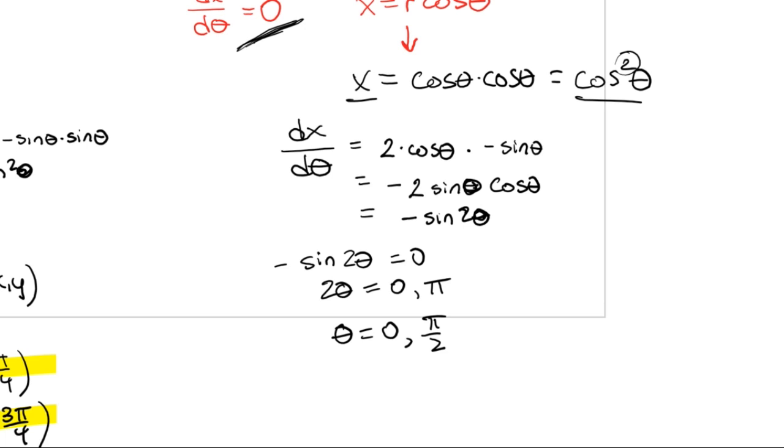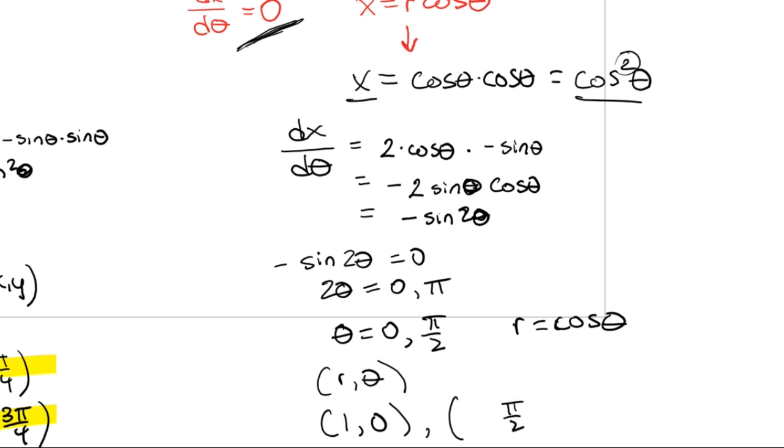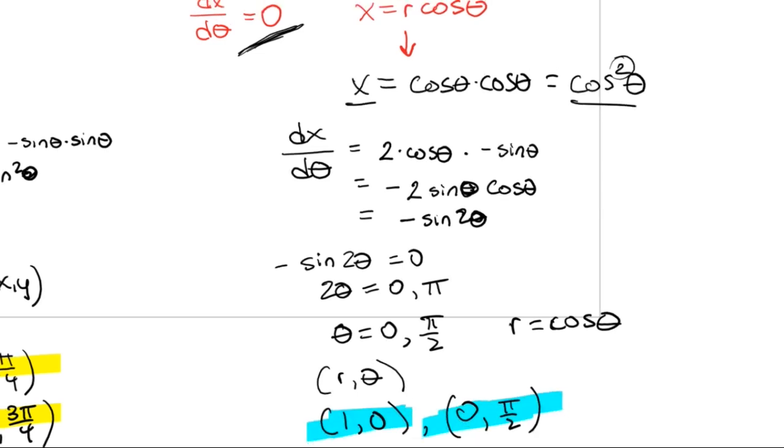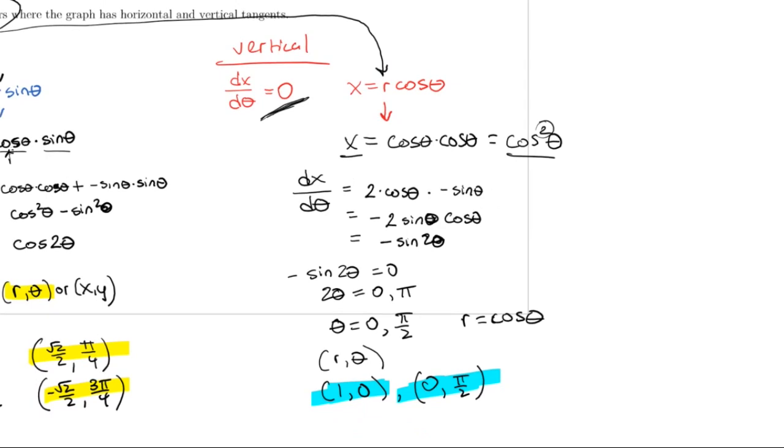So if we plug these angles into r equals cosine theta, that will give us our r comma thetas. If we plug in 0, we get r equals 1. So that's the point 1 comma 0. If we plug in pi over 2, r is going to be 0. So those are our two locations where we have vertical tangent lines.